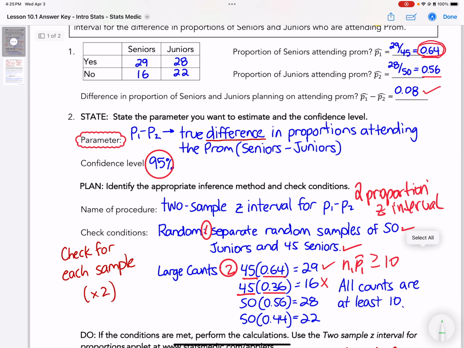I had 50 juniors, with 56% attending prom and 44% not attending, and all of these numbers are greater than 10. So that checks my conditions, and we are set.